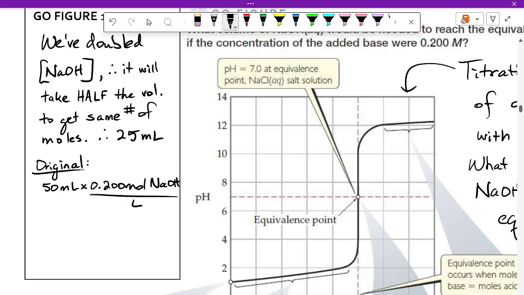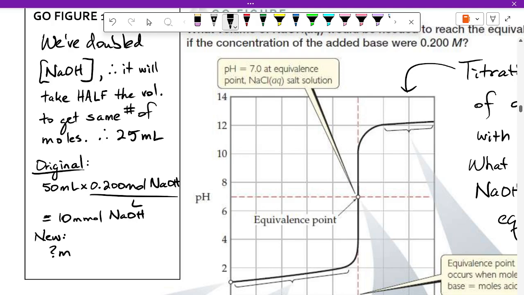And that is, that 1? No, it's 10. 10 millimoles of NaOH. And then our new, we would say, how many milliliters?